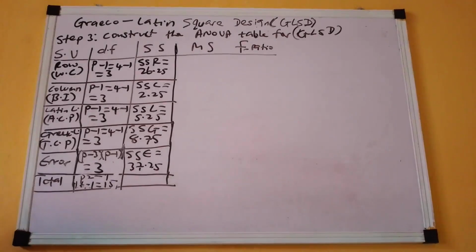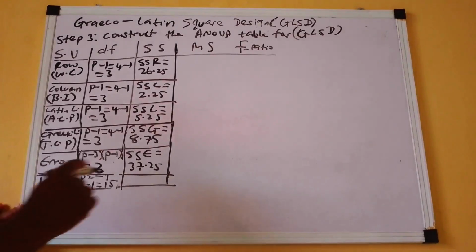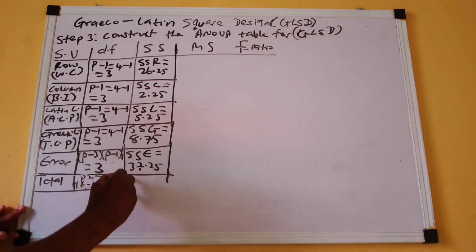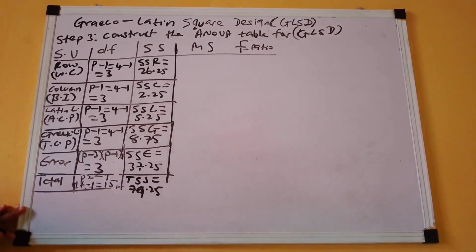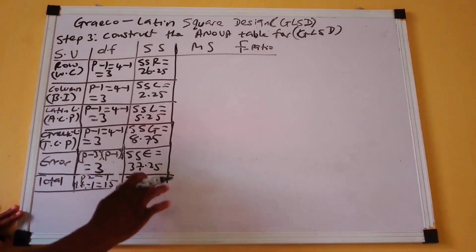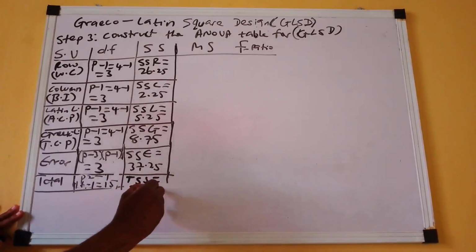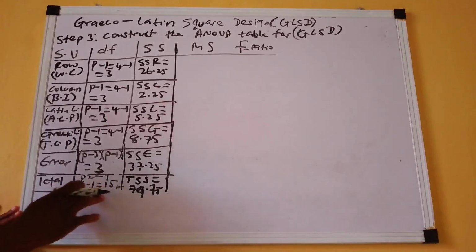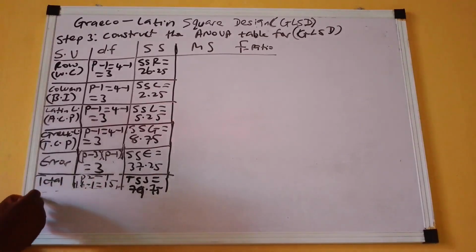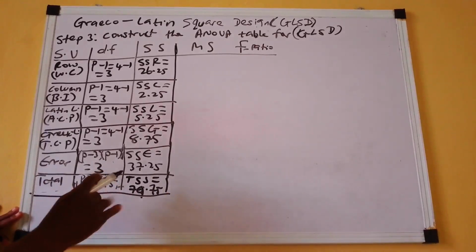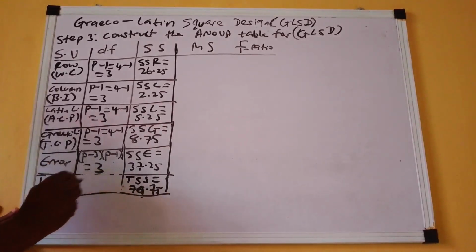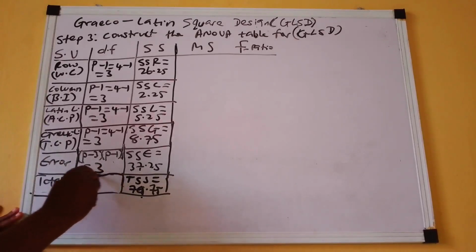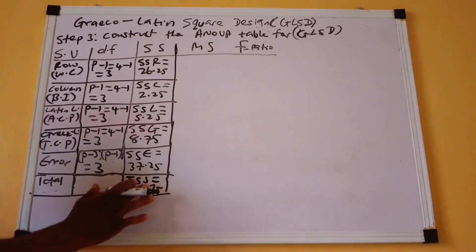So our total sum of square, TSS, is 79.75. That's our total sum of square.